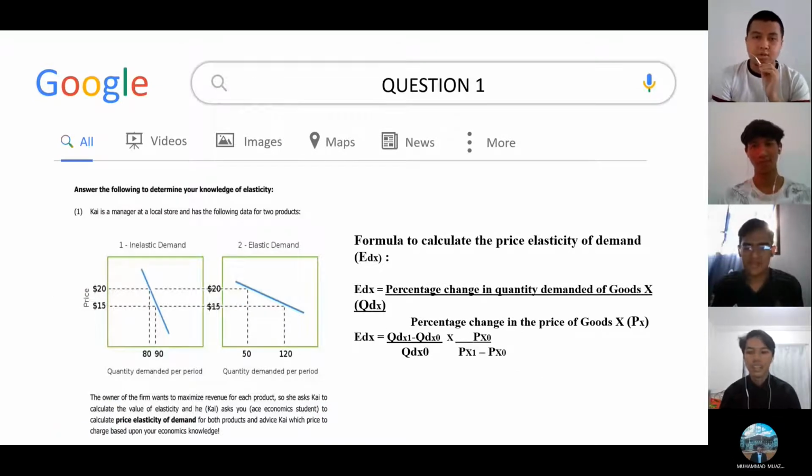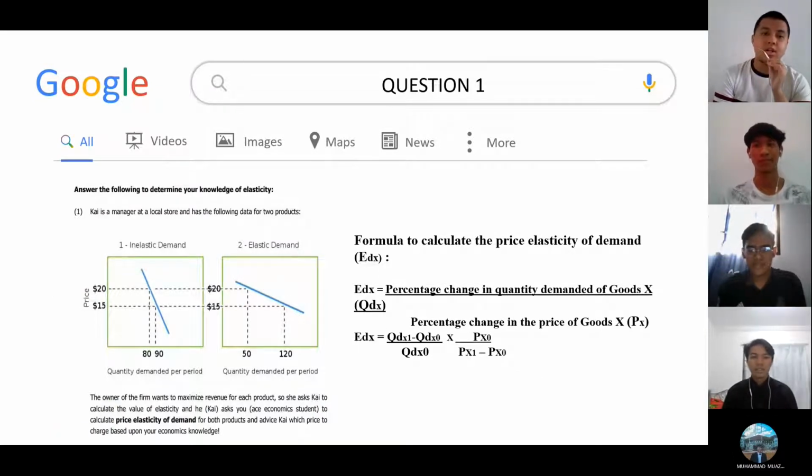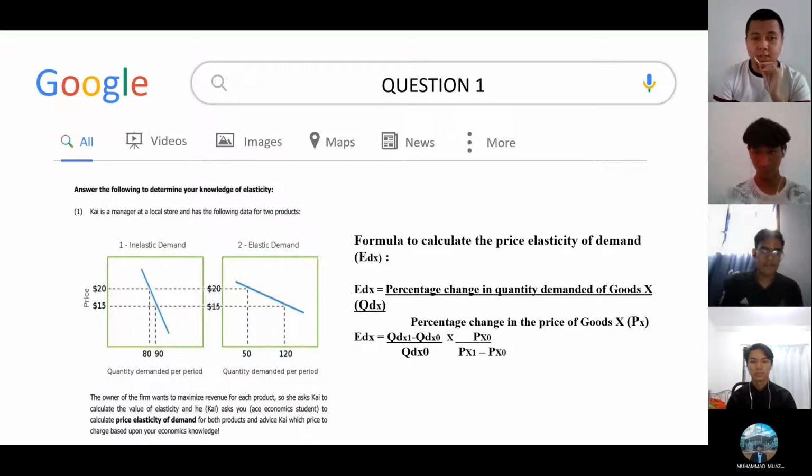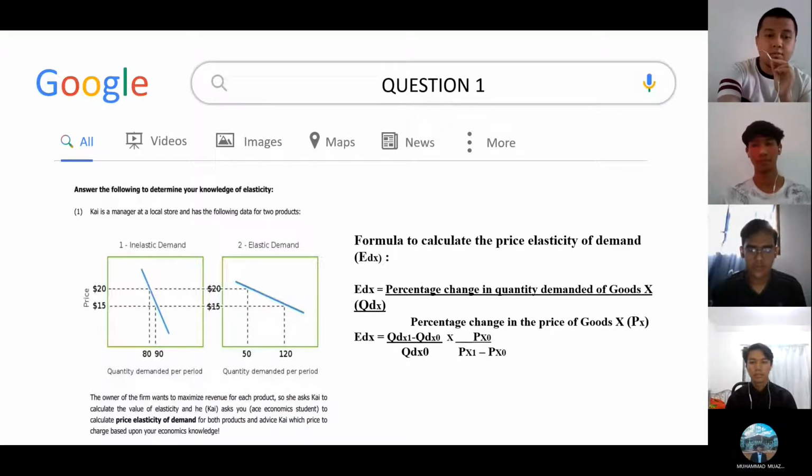Okay, now we will go to question 1. For question 1, I will give the explanation. Before we answer it, let me read it first. In this question, it says that Kai is a manager at a local store and has the following data for 2 products. The two products are an inelastic demand good and an elastic demand good. The owner of the firm, Kai, wants to maximize the revenue for each product.